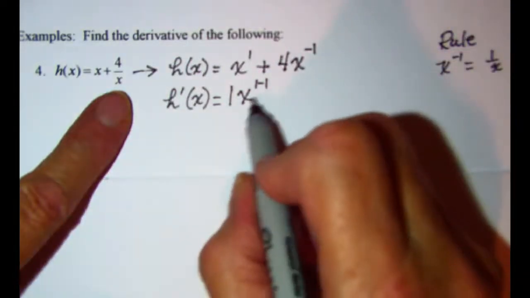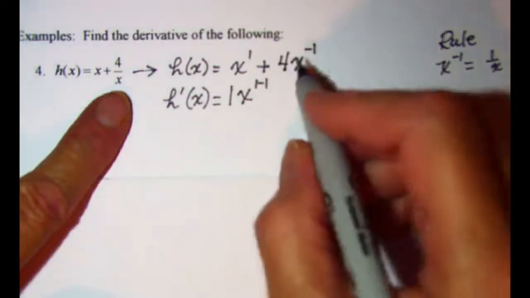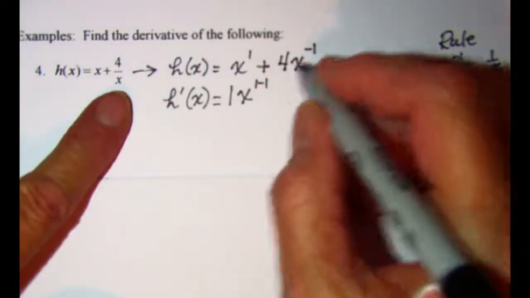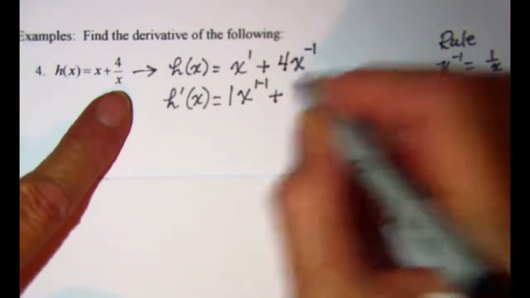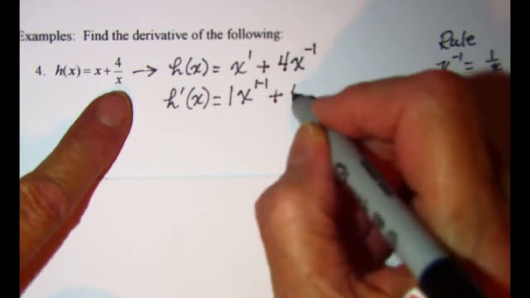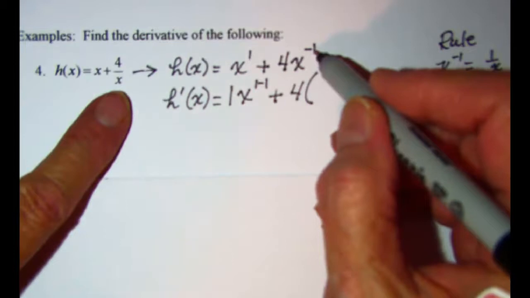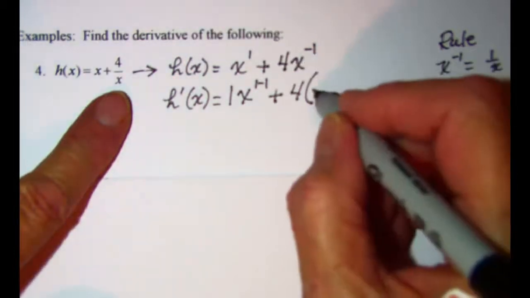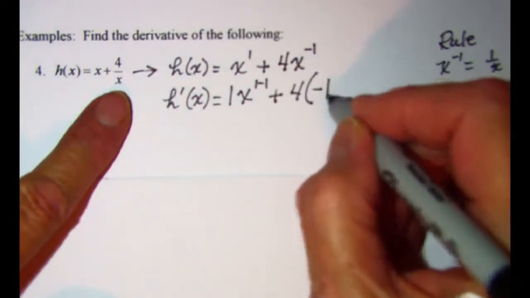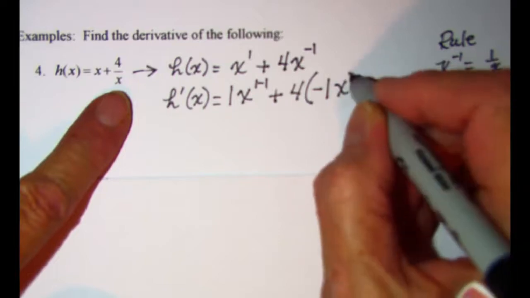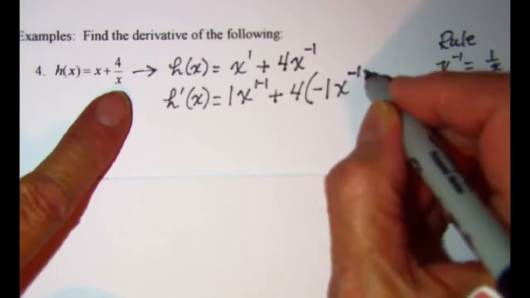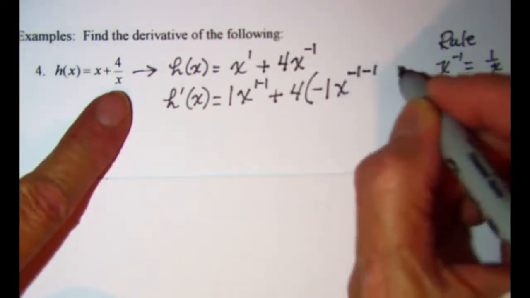And then let's save that for a minute and go ahead and do the derivative of the second term. I have 4 multiplied by, and then this negative 1 is brought out in front, and then x to the original exponent subtract 1.